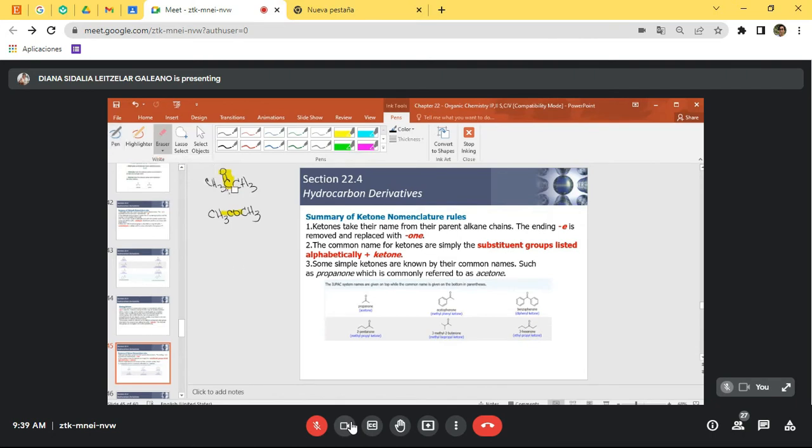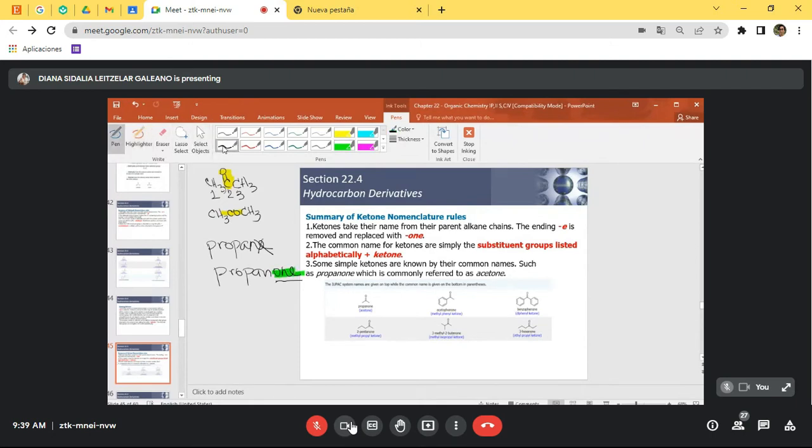How do we name a ketone? First of all, in the example that we have here, it has 1, 2, 3 carbons. The alkane name is propane. You drop the E and it will be propanone. That's the ending for ketone.